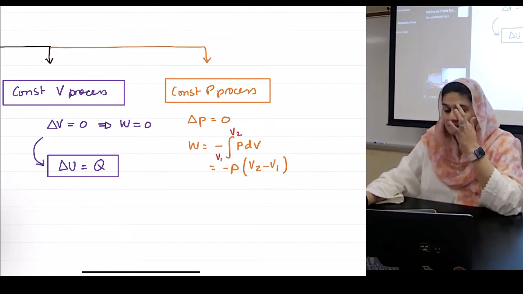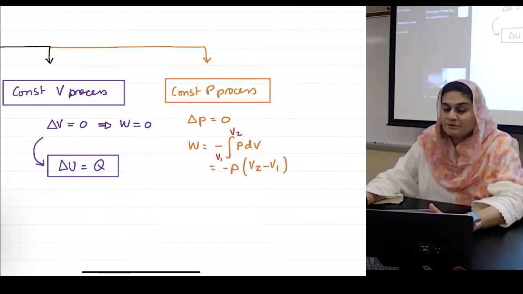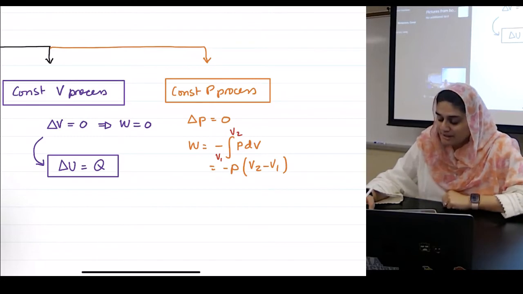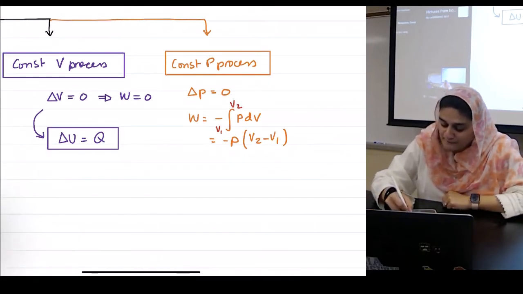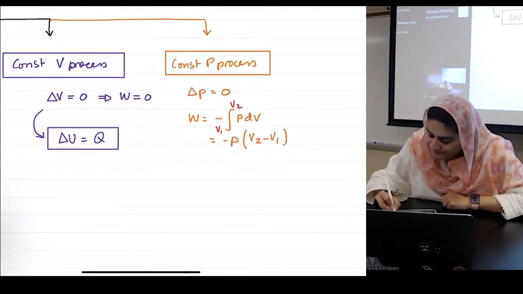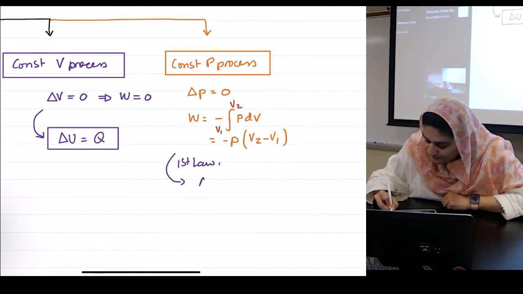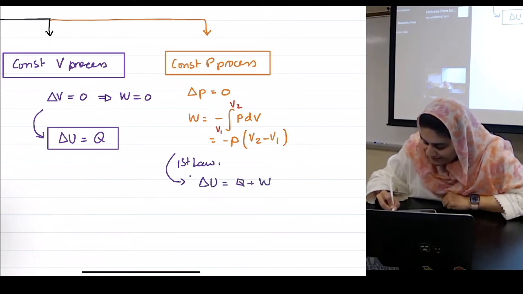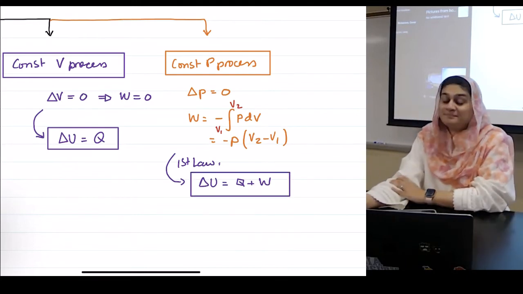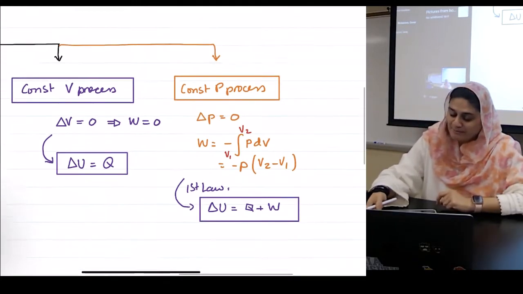That true? Mm-hmm. So then how do I write my first law? Delta U equals Q plus W. Ha, my Q became funny. I'm going to leave it. Oh, step 4 done.